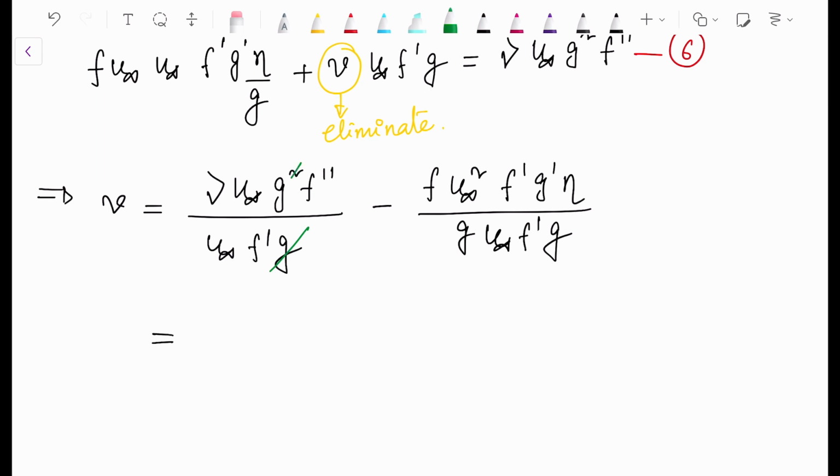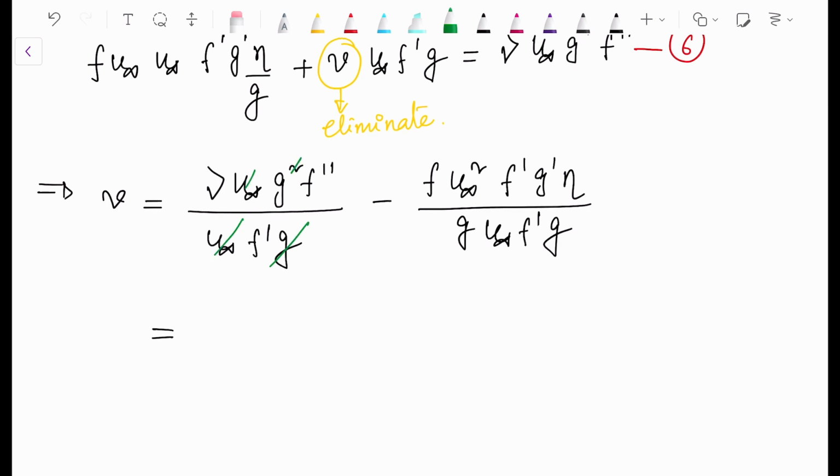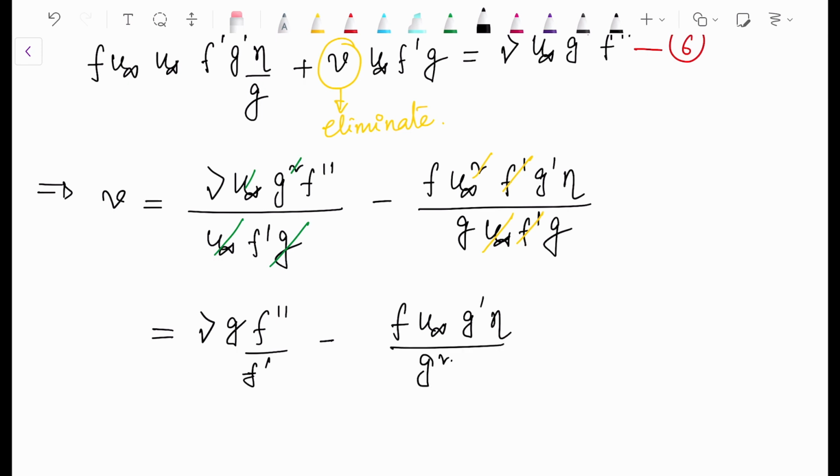So g and g will cancel out, and u infinity and u infinity will cancel out. So this will be eta g f double dash by f dash, minus, again in another color, f dash and f dash cancel out, u infinity and u infinity cancel out. So this is f u infinity g dash eta by g square, right.